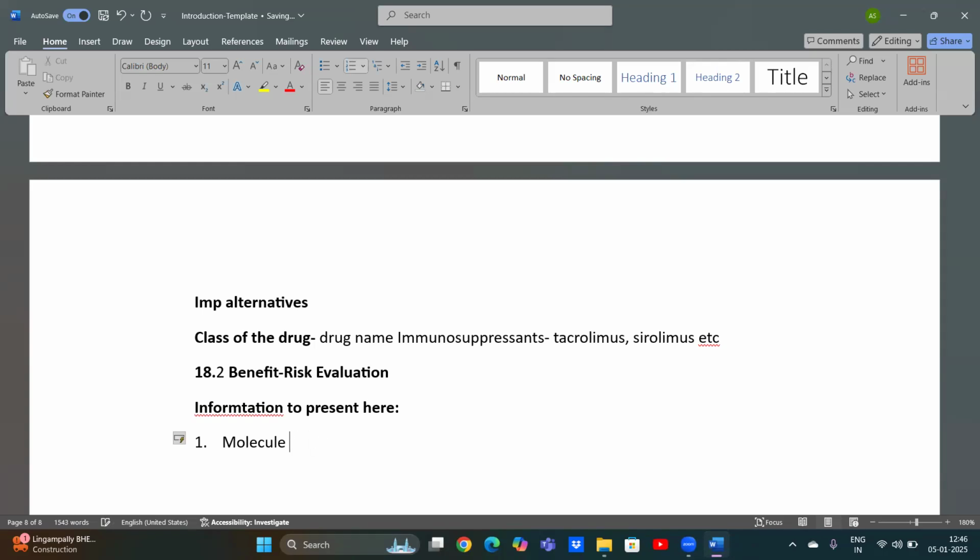Means molecule intro, you can say intro, like class, MOA. This is the main information that goes for the molecule intro.